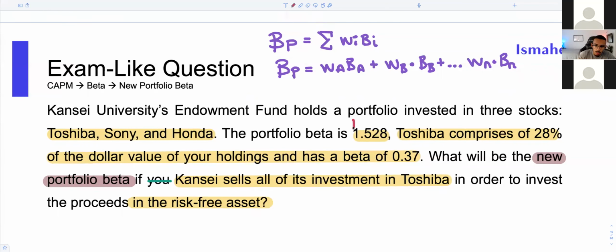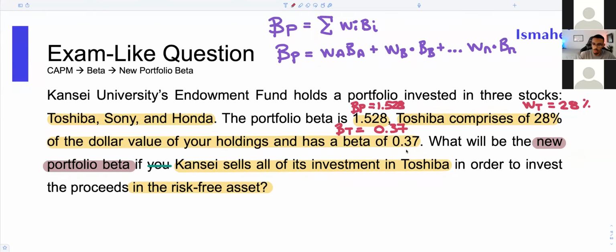So the beta of our portfolio is equal to 1.528. And we know that the weight associated to Toshiba is equal to 28%. And we also know that the beta of Toshiba is equal to 0.37.